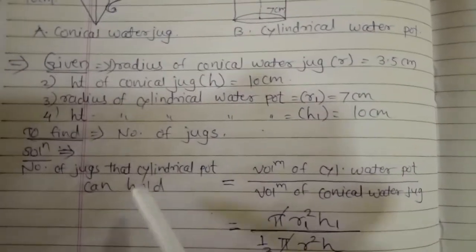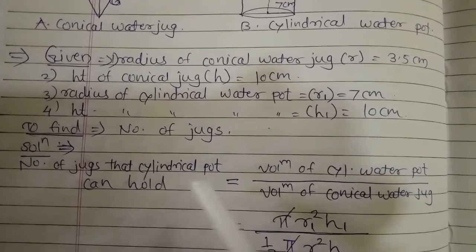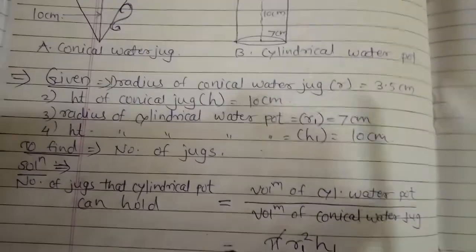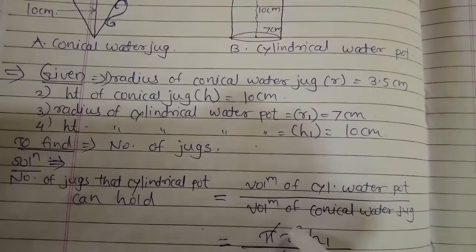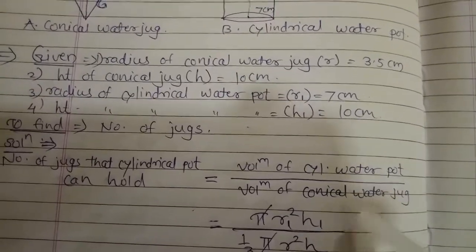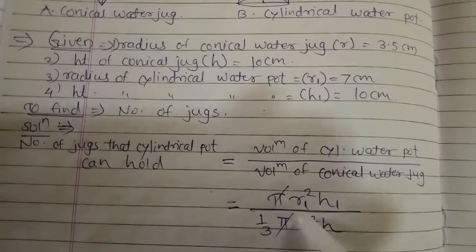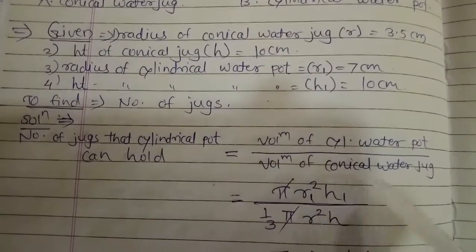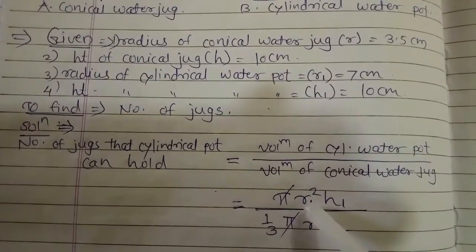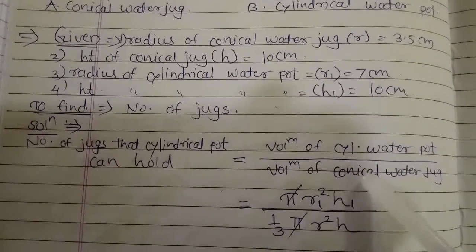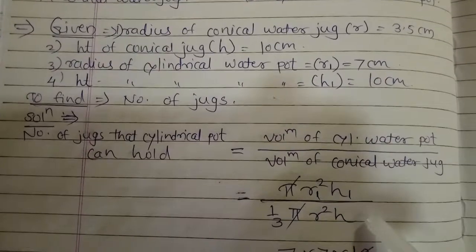To find the number of jugs that the cylindrical pot can hold, we first find the volume of the cylindrical pot and the volume of the conical water jug, and take the ratio. The volume of a cylinder is pi r square h, so here pi r1 square h1, and the volume of the cone is 1 by 3 pi r square h.